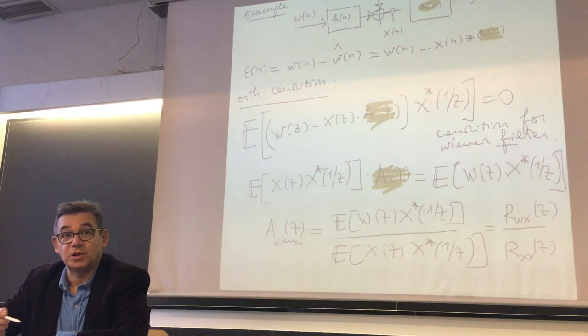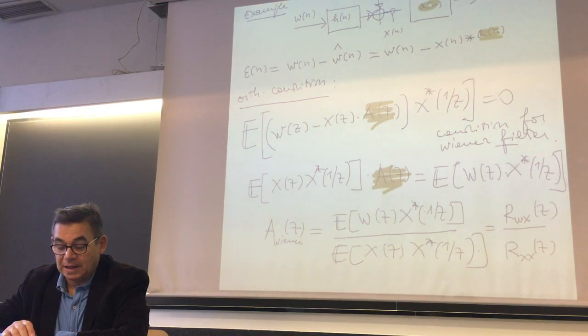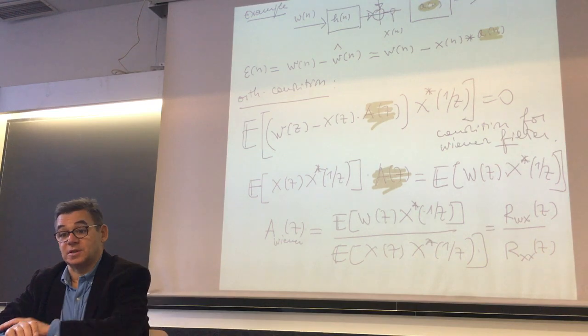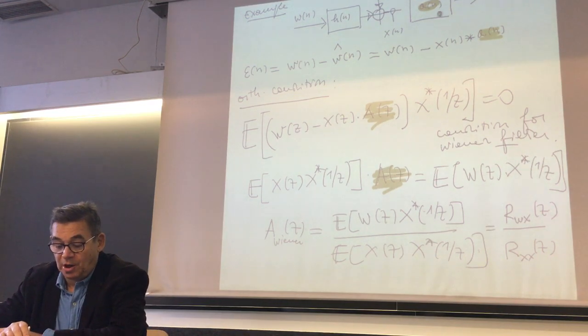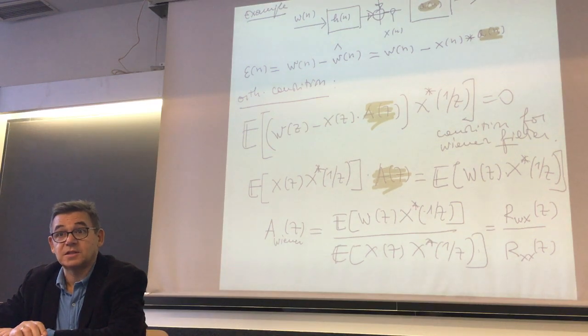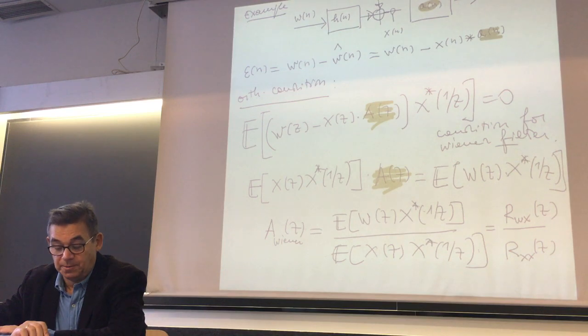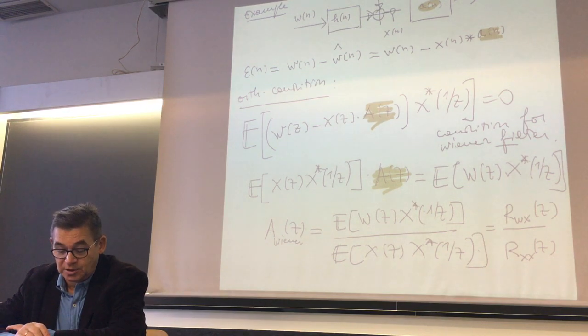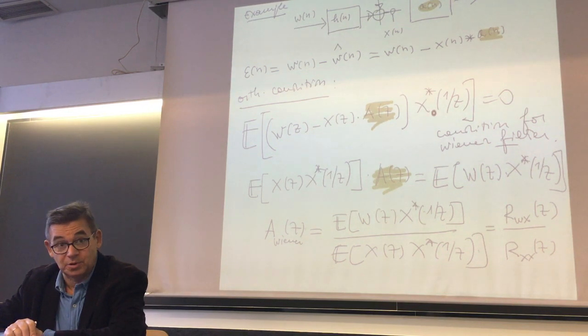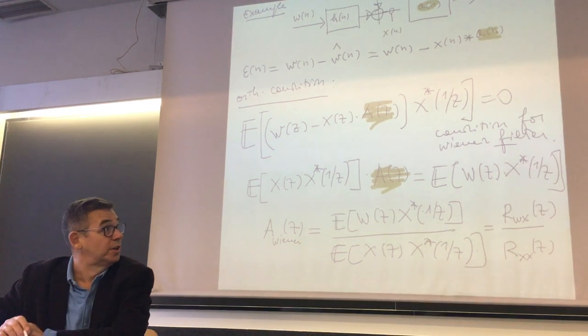And what we derived, in the case of stationary processes, is that the filter A depends on the power spectral density of this guy here, the correlation between this and that, and the power spectral density of Z. That's the dependency. The way to derive it is by the orthogonality condition, which says that the error and the input in Z transform should be orthogonal.